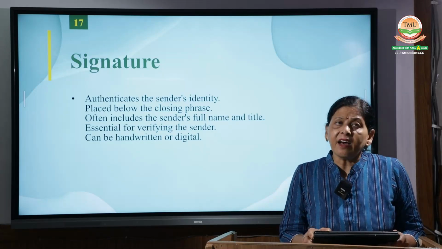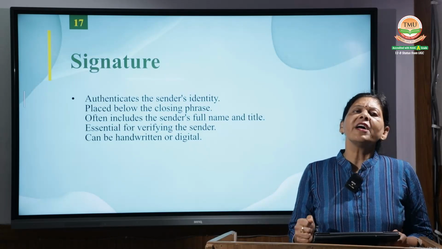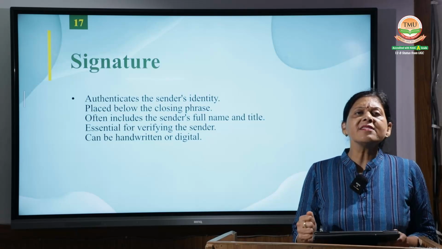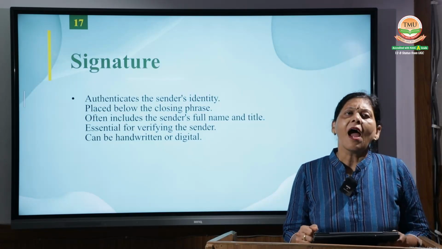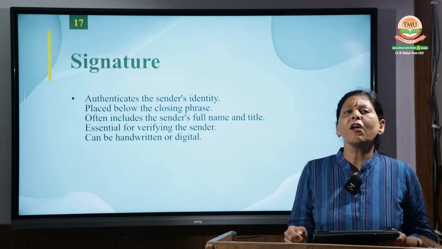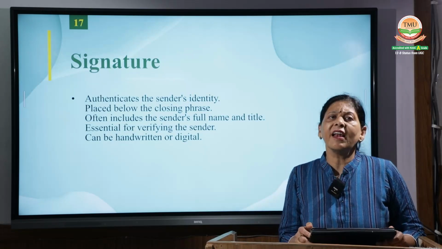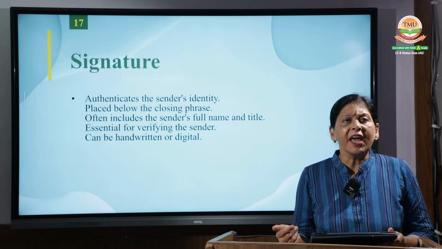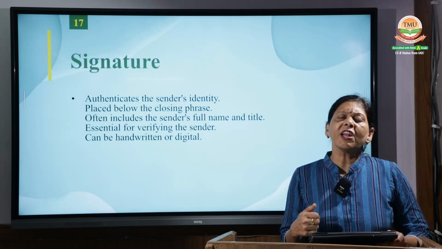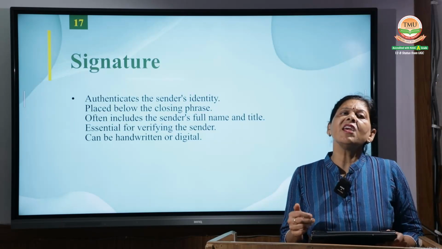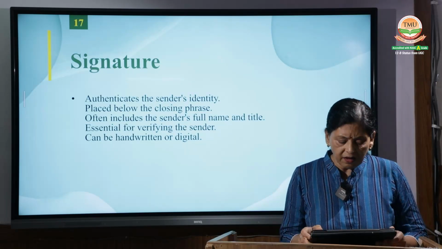It shows that the sender has read the letter properly and has authenticated it by signing. Whatever is written in the letter has been written by him, or if it has been written by somebody else, then he agrees to everything that is there in the letter.